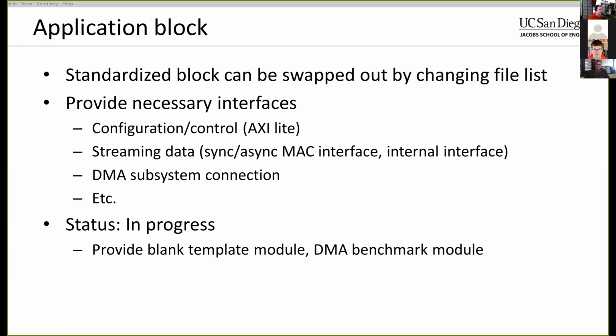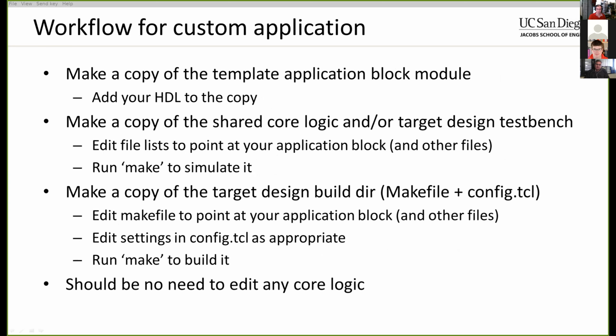All right, and just for a brief overview of how the workflow is going to work. If you want to implement some custom logic, the idea is that you can go in and make a copy of the template application block module. So you'll rename that based on your application, and you'll add your custom HDL in there. And then if you want to test it, what you can do is either find the shared core logic testbench or a testbench for one of the target designs, and make a copy of that, which is a makefile and a Python file.